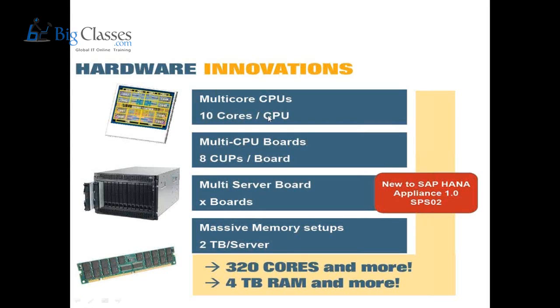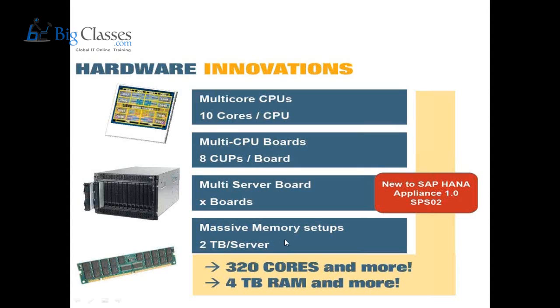So this has 10 cores per CPU and multiple CPUs per board, right? On a board you'll have multiple CPUs set up in parallel, and multiple boards per server. So you'll have multiple cores per CPU, multiple CPUs per board and multiple boards per server, and you can just stack these boards onto your rack server so that you can extend it dynamically.